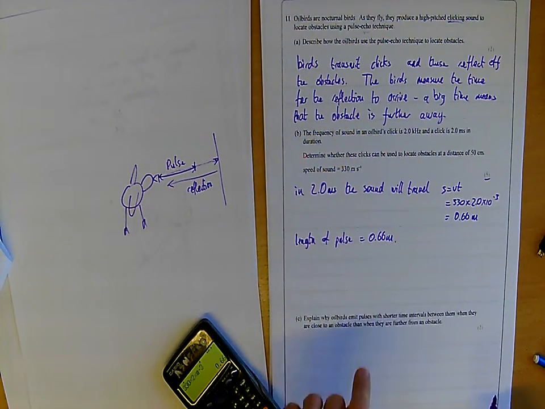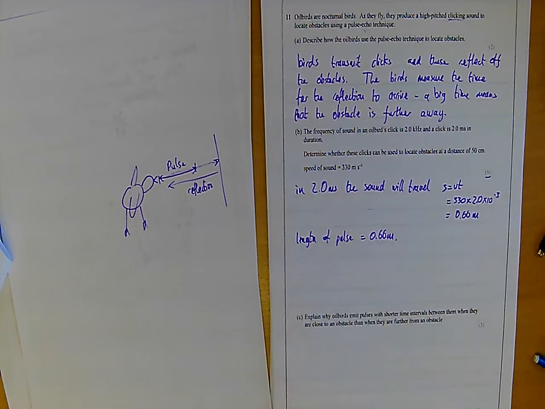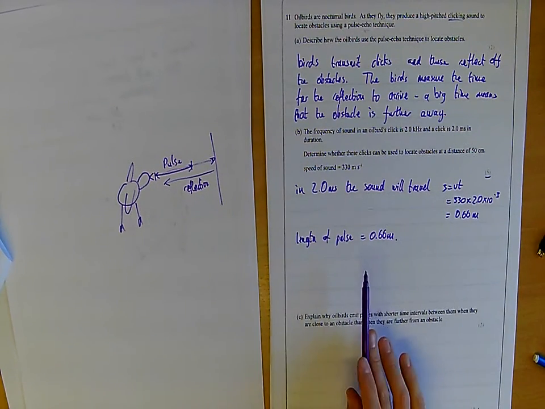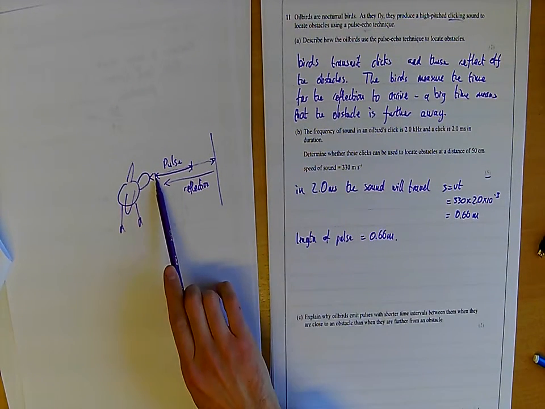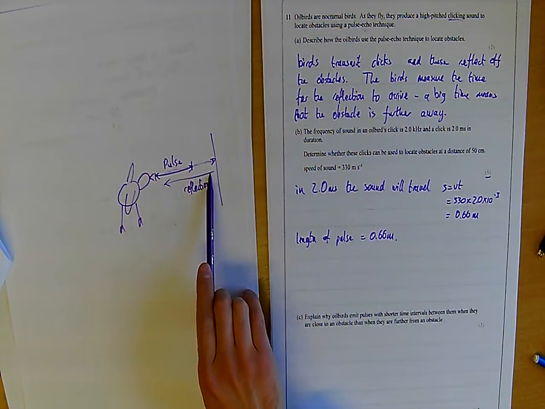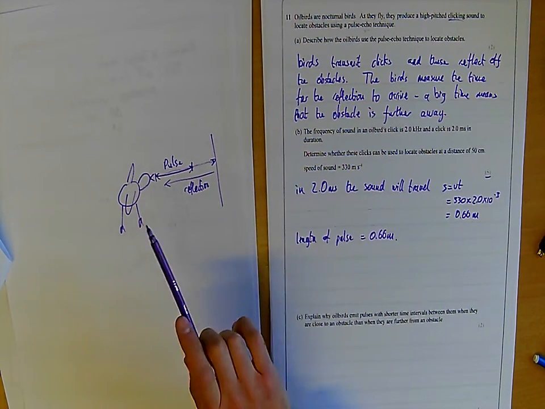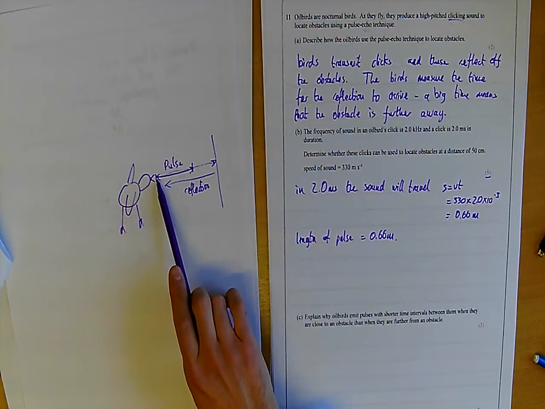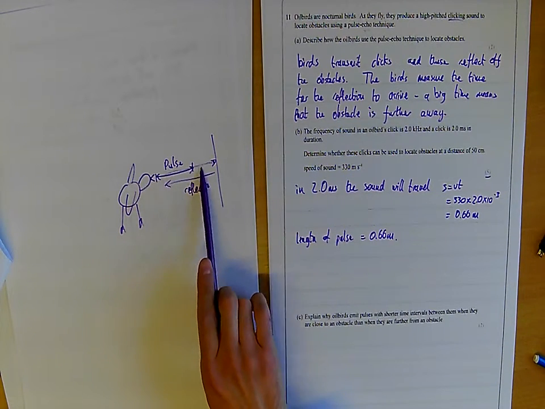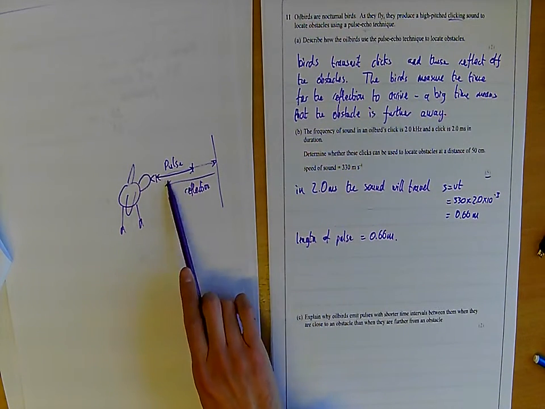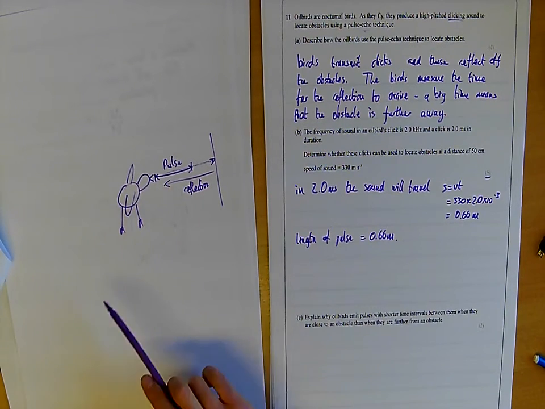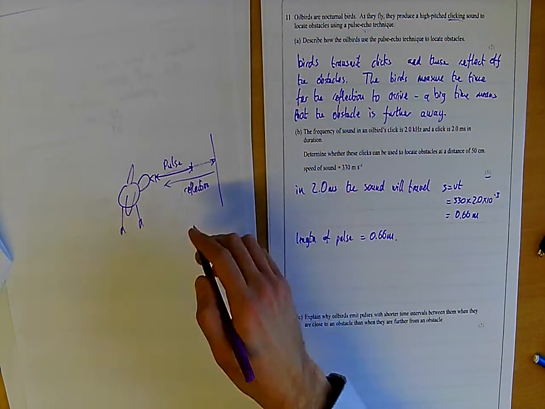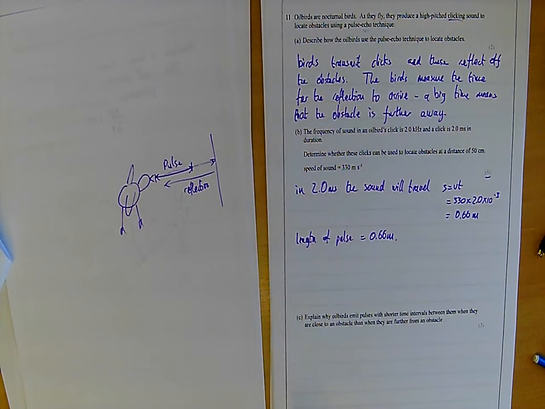Now, one of the important things about the pulse echo technique is that this pulse that you send out must not overlap with the next pulse, because you need to be able to tell apart one pulse from the next pulse. So it sends out this pulse, which is 0.66 metres.